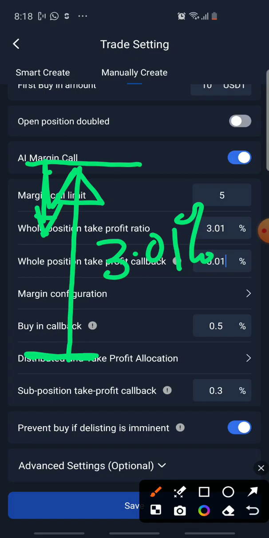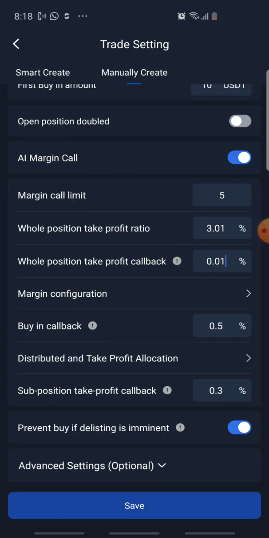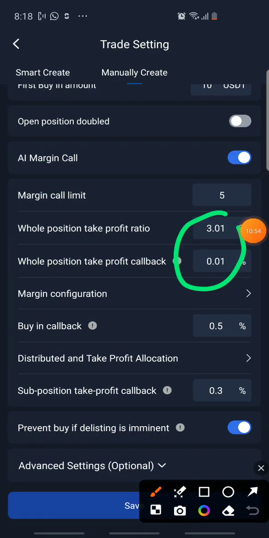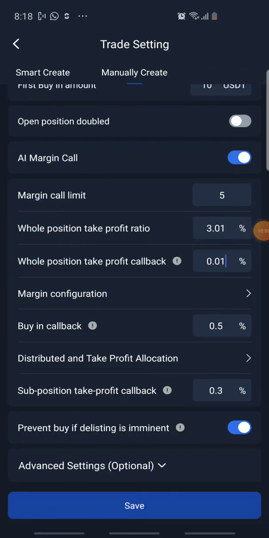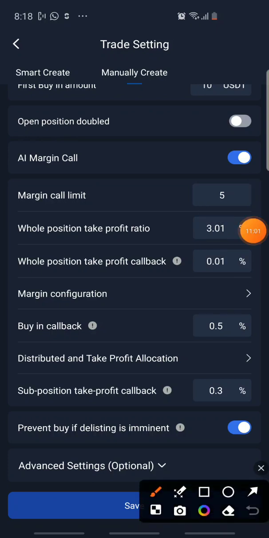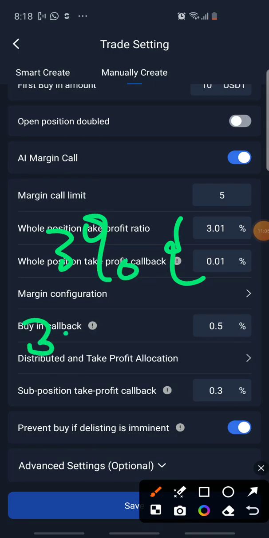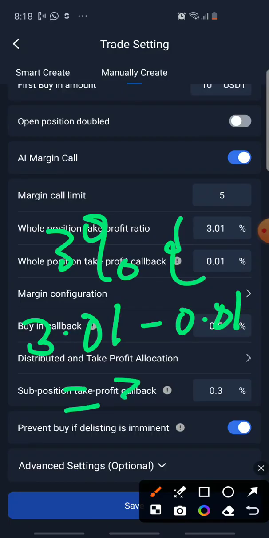So this setting is like I have set 3% exactly: 3.01 minus 0.01, giving us 3%. The moment the market reaches 3.01, the robot will prepare to sell. Any slight drop by 0.01, the bot sells and takes off the profits.